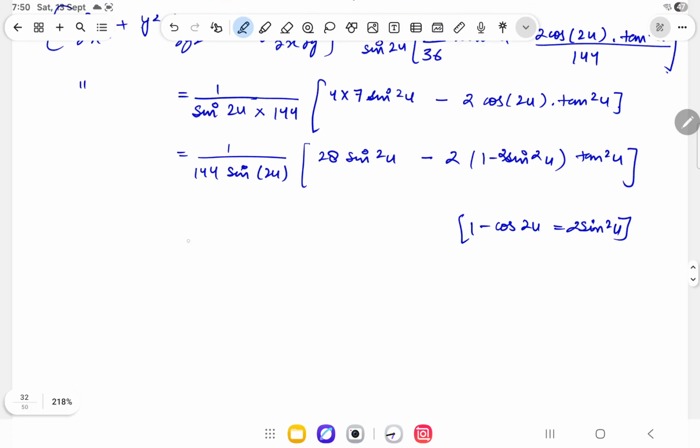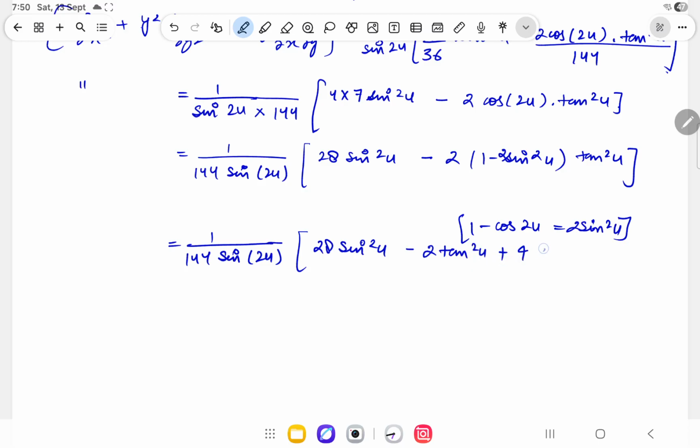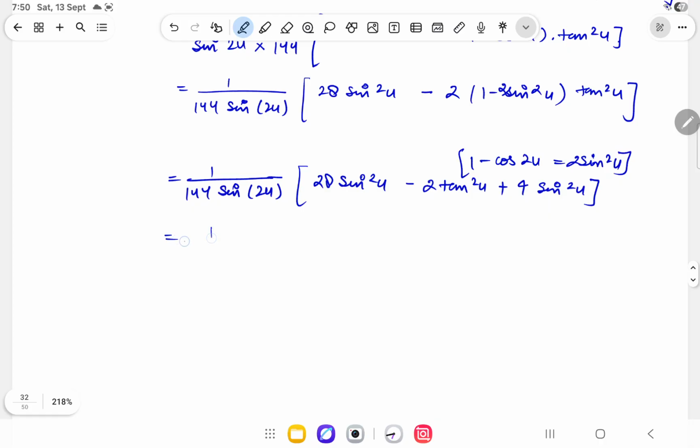So we simplify it. I'll be getting 144 into sin 2u into 28 sin square u minus 2 tan square u plus 4 sin square u. So this thing is equals to 1 by 144 into sin 2u, 28 plus 4, that is 32 sin square u minus 2 tan square u.